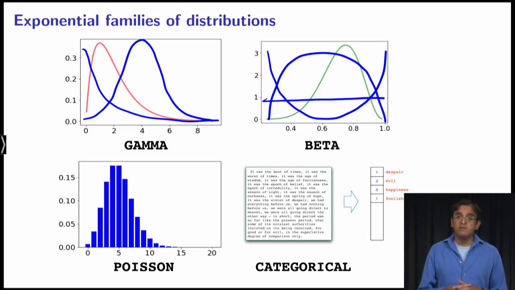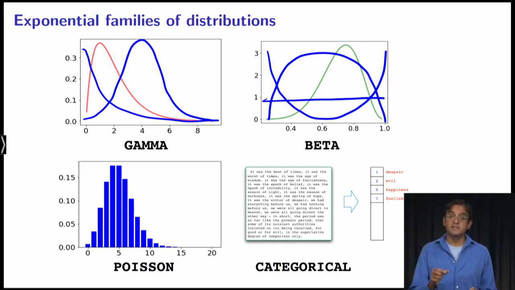Finally, what if we have data that isn't even numeric, but there are finitely many possible outcomes? For instance, suppose we want to fit a distribution to the words that appear in a particular corpus of documents. So we want the probability of each word. Here there are finitely many possibilities, finitely many words, and the distribution we would use is the categorical distribution. It's very simple.